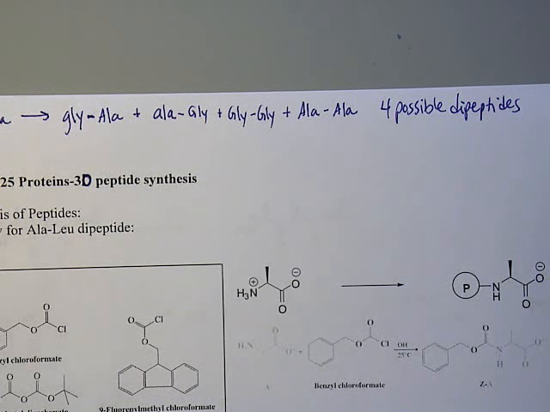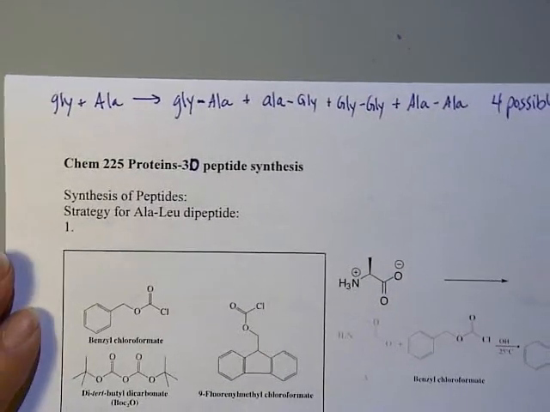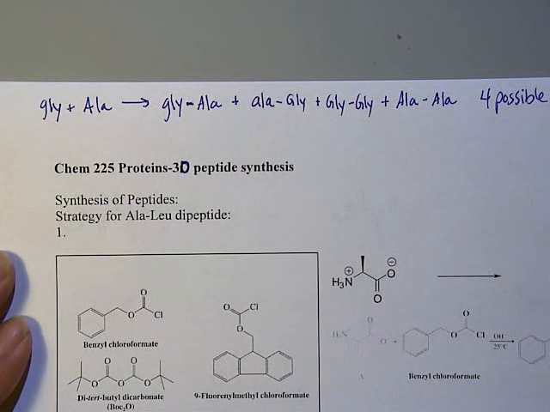So if you wanted to make meganin 1 or 2, which is over 20 amino acids long, and you want that specific sequence, you're going to have to come up with a better strategy than just throwing it in and hoping for the amide bond that you want.